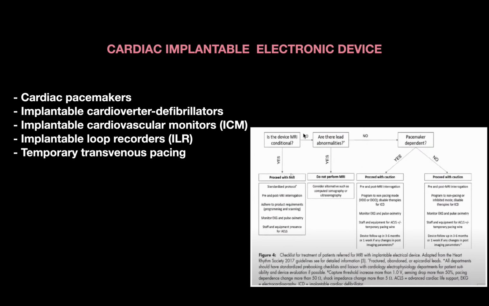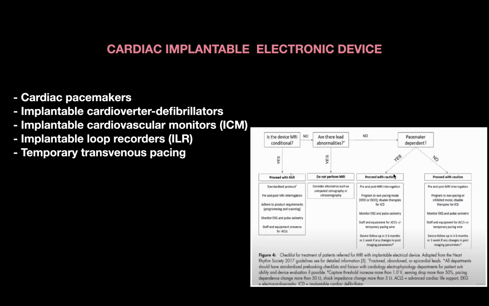If the device is not MRI conditional, then check for any lead abnormalities. If any lead abnormalities are there, then do not perform the MRI. Consider an alternative method such as CT or USG. If there are no lead abnormalities, then check, is the patient pacemaker dependent?